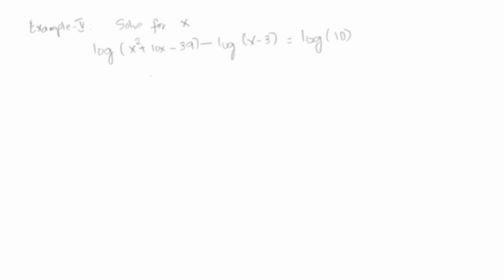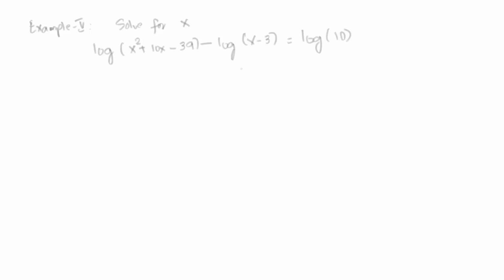Again, we have an expression that is in an expanded form on the left hand side, so let's combine that. You can move this log 10 to the other side and combine it, or keep it on the right hand side and proceed to solve the problem.